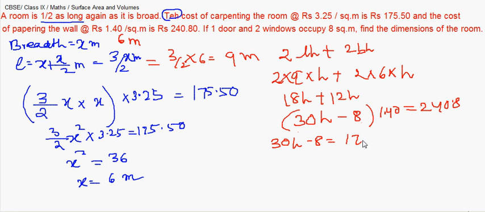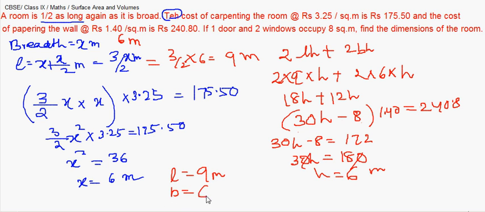So now 30H is 172 plus 8, so it is 180. So H becomes 6. So the dimensions of the room will now be L is 9, breadth is 6, and height is also 6 meters. Hope you followed. Thank you.